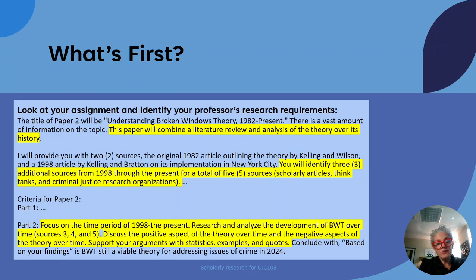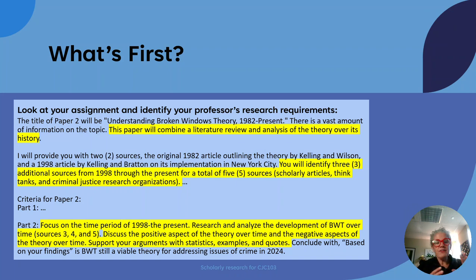So the first thing to do is look really closely at your professor's assignment and what he wants you to do. So a description of this assignment is that you are going to be doing a literature review. So you're going to be looking at the literature surrounding the topic, which is broken windows theory. And then you're going to analyze the theory through time. So you're going to be participating in the scholarly conversation on this topic.